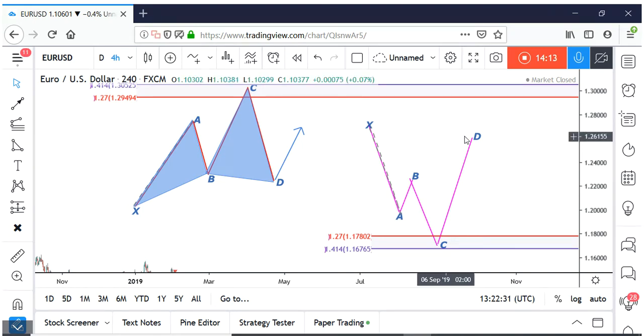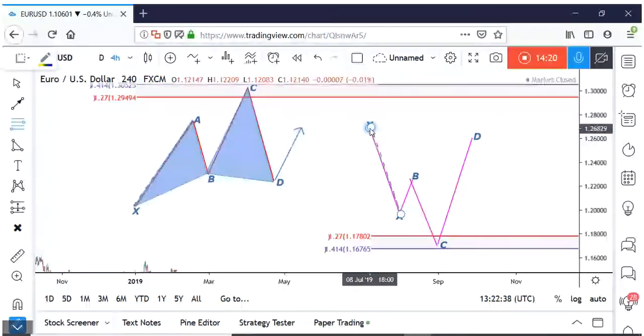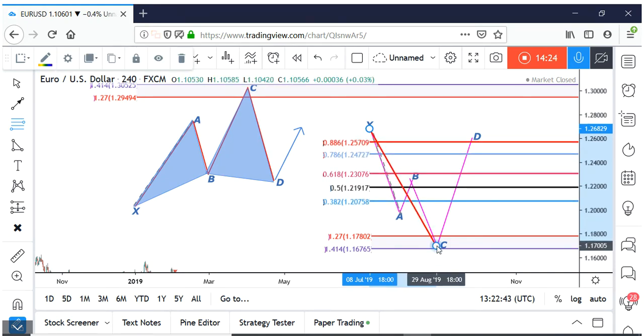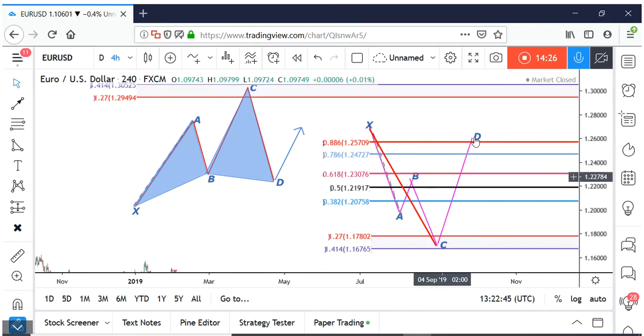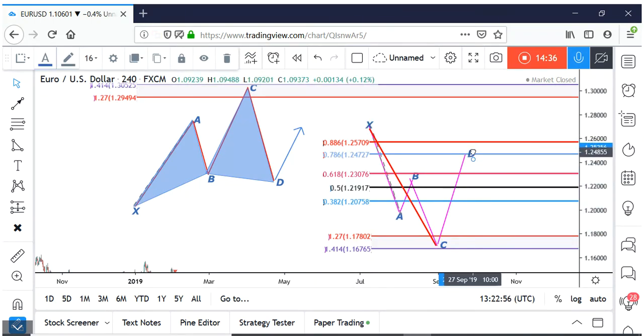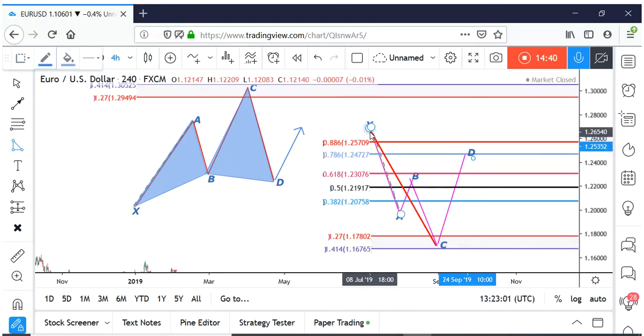For the D leg, you use the fib retracement and measure from X to C completion. The D leg is at 0.786. That's our D leg, and this is where we look to sell this market.